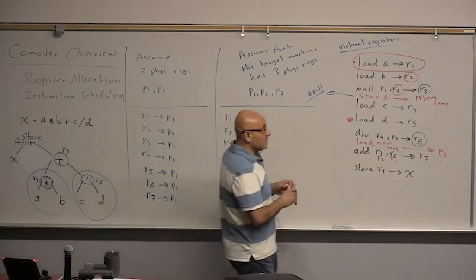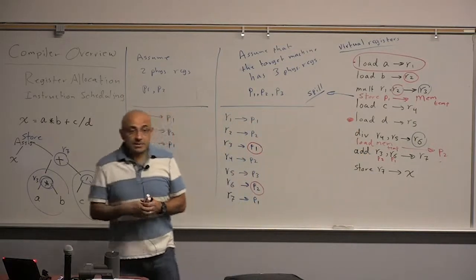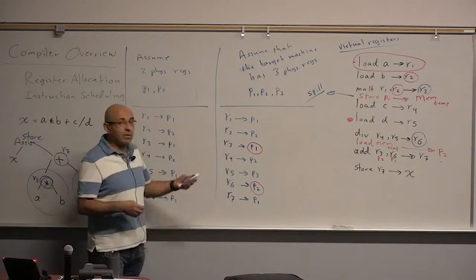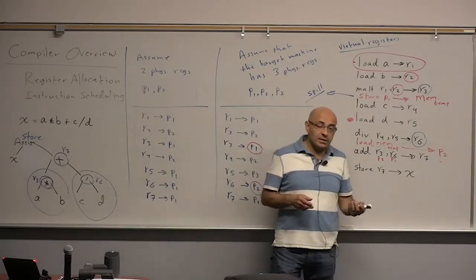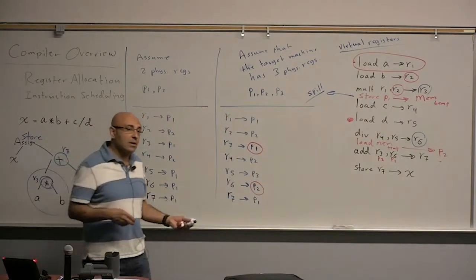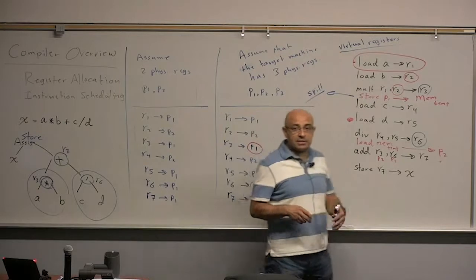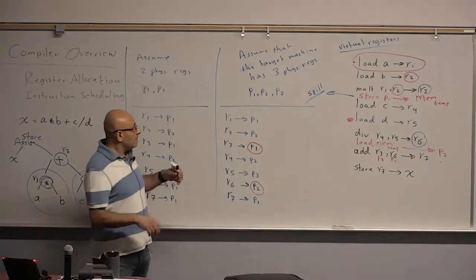But even if you hit in the L1 cache, this is still slower than storing them in a register. L1 cache is still slower than the register. Accessing L1 cache will take 2 or 3 cycles, while accessing a register is instantaneous. You can access the register immediately.